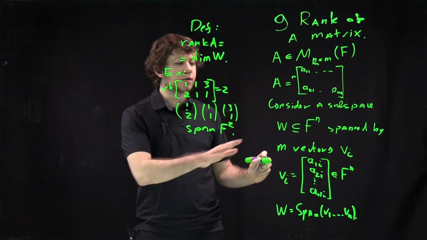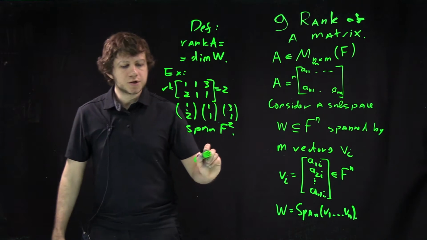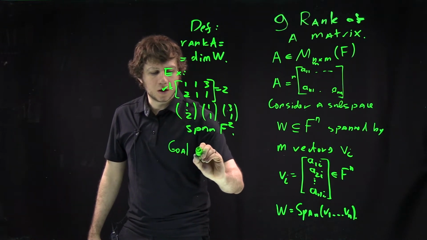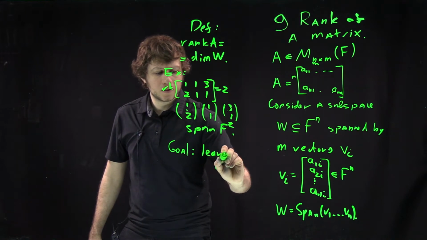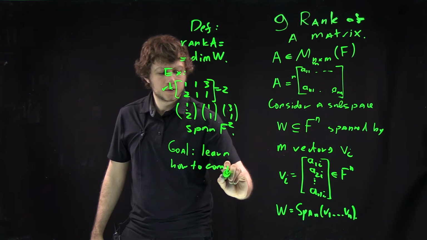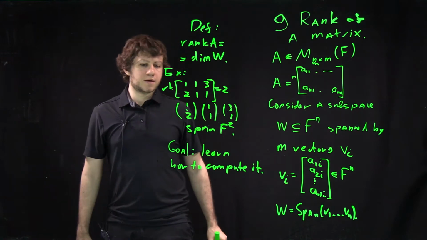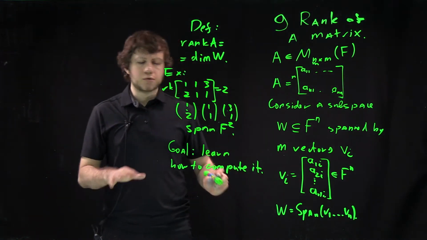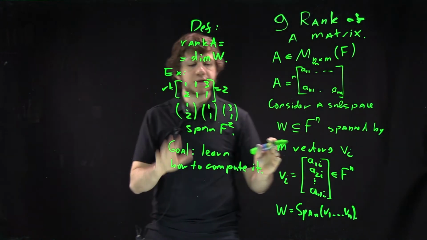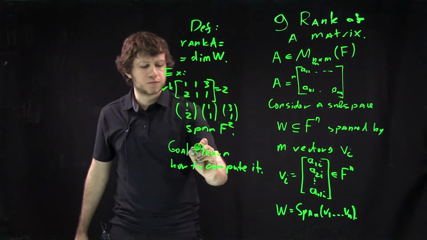And our goal is to compute this invariant, to learn how to compute this rank. To actually do that, the story is not very hard. There are some elementary operations which we will discuss, and then you can easily do it algorithmically. But this will be the first goal.